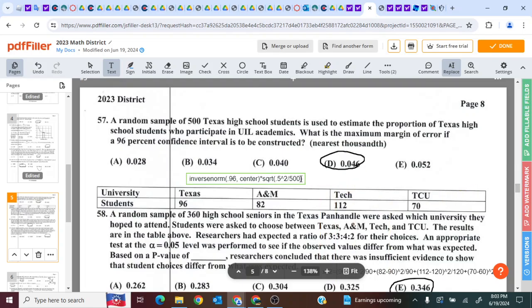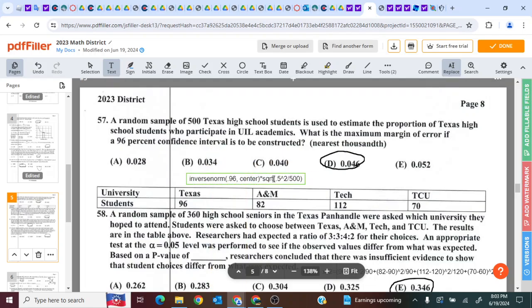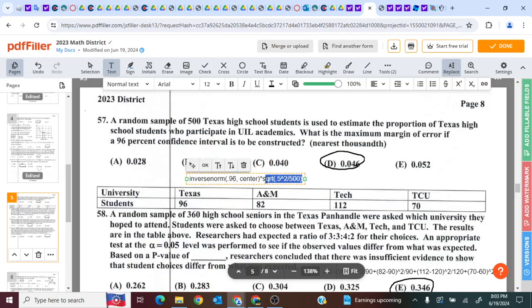First off, we have to figure out the maximum standard deviation of that interval, which is equal to the square root of p times 1 minus p, over the number of people. The p-value that will create the highest standard deviation is 0.5. So put in the square root of 0.5 squared over 500.